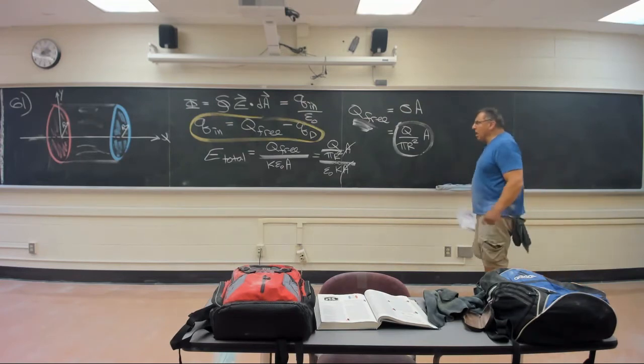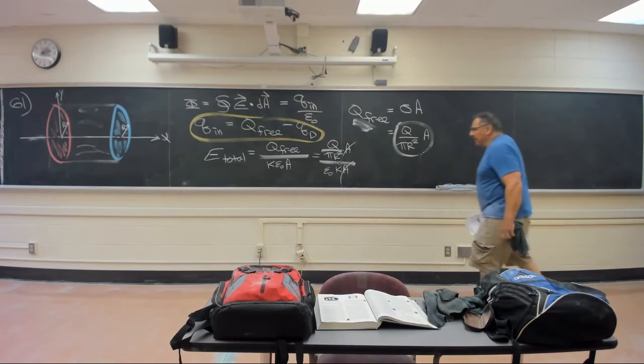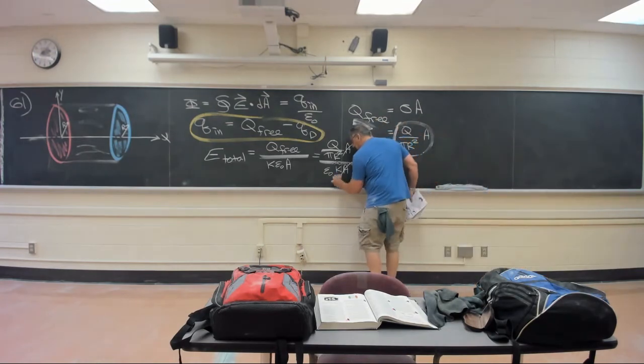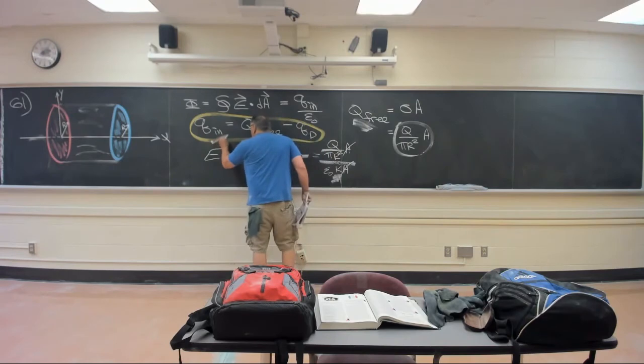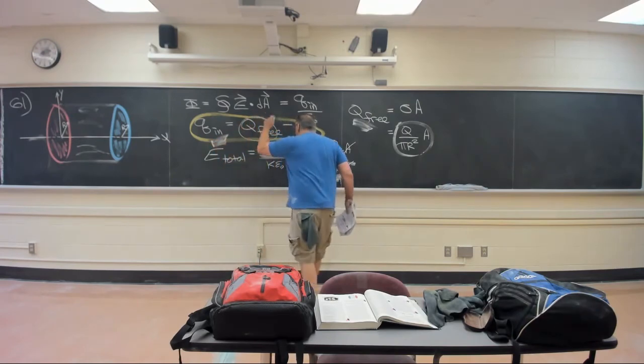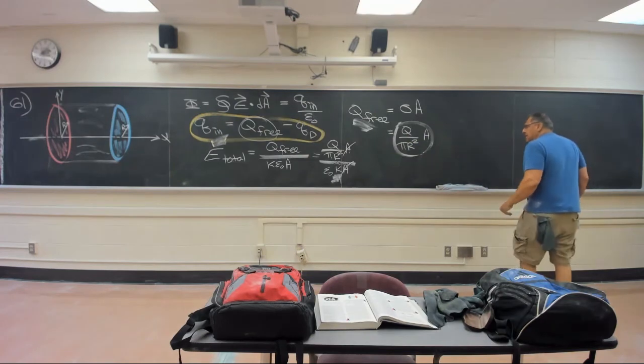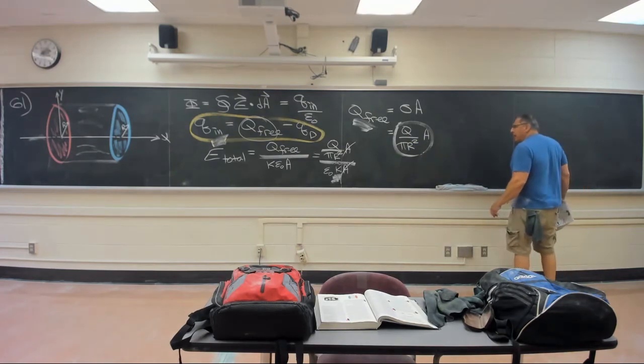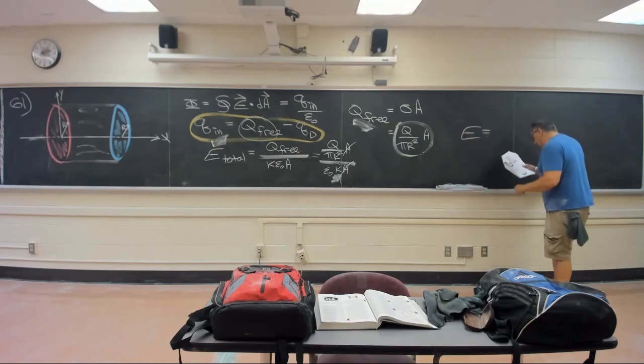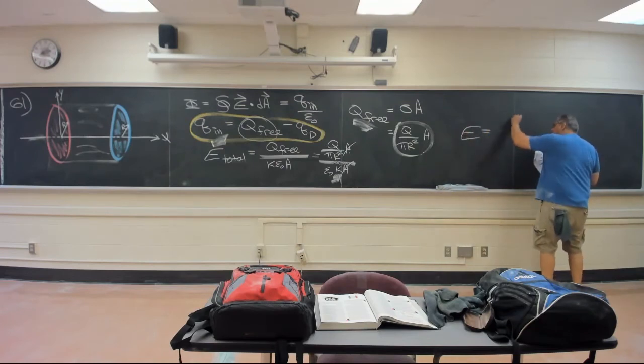Because the E in is smaller, it comes out less. This kappa guarantees you're getting that, because you're taking the Q free and dividing it like that. Take the A's out of there, put pi r squared on the bottom, and what do you got? I just said E, we didn't put the total on there, but they mean total in this case.